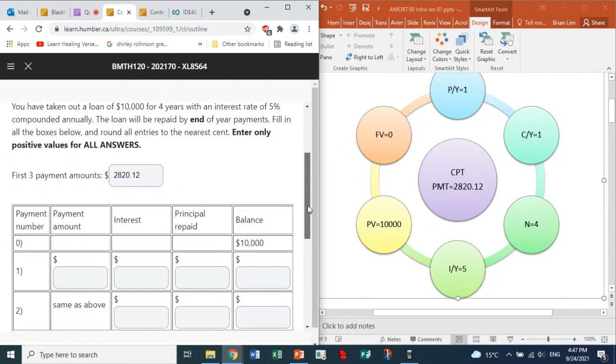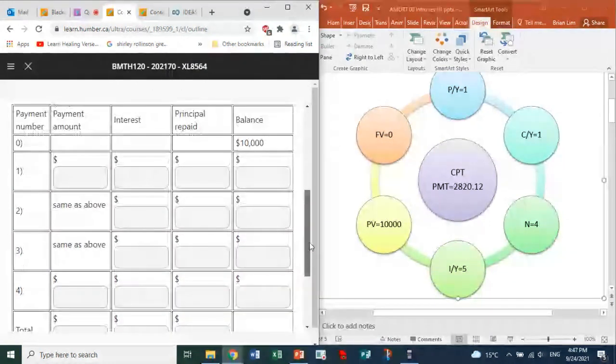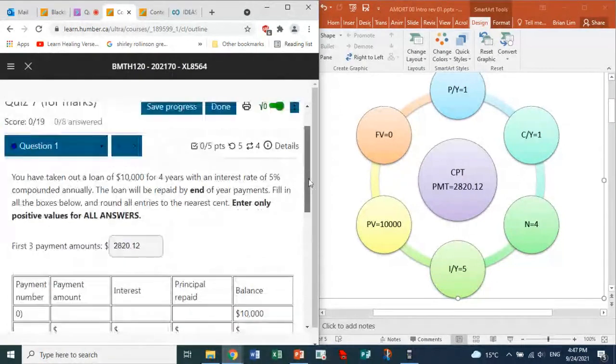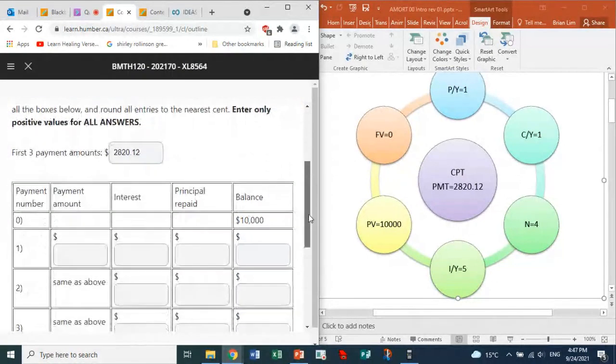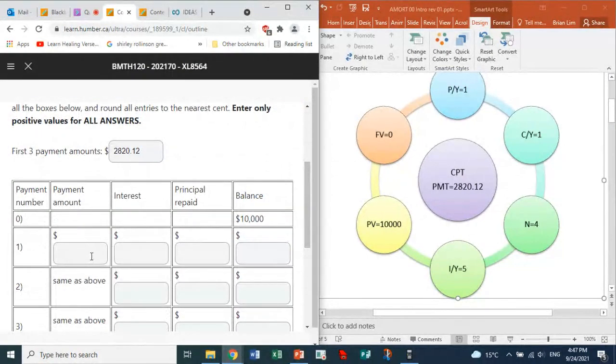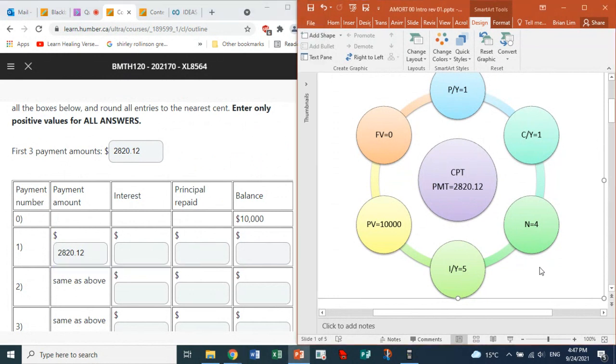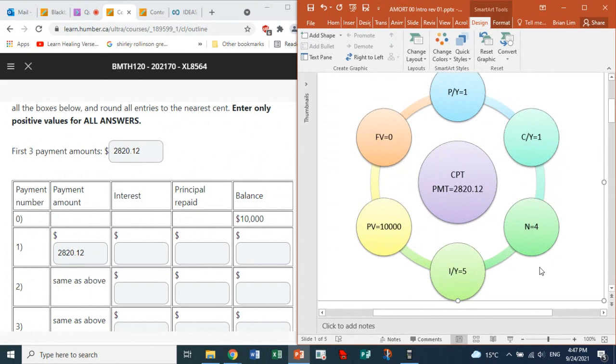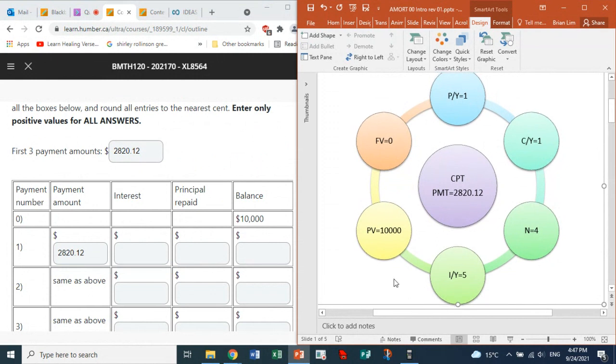Now, what it's saying is the first three payments will be the same, and more than likely the fourth payment will be the same, yes. So let's enter that value in here. That is the amount of the payment, 2820.12. Now let's move down on this PowerPoint here, and we will find out.